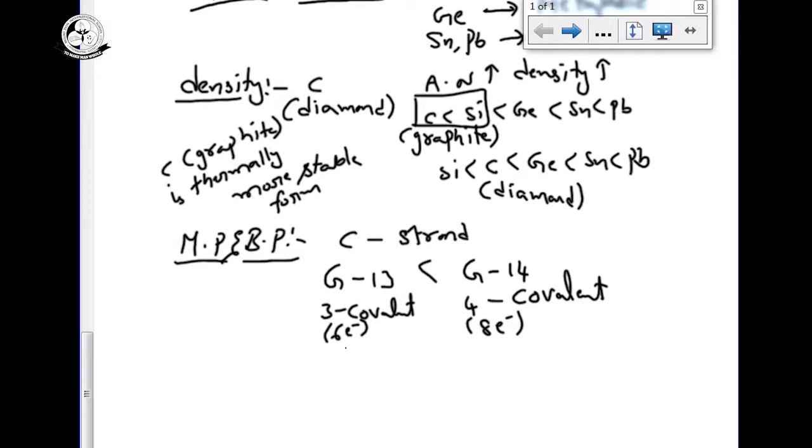So these are electron deficient, and this is electron sufficient. We get noble gas configuration. So when compared with group 13, group 14 elements can form stronger covalent bonds. That's why the melting and boiling points of group 14 elements are very, very high.